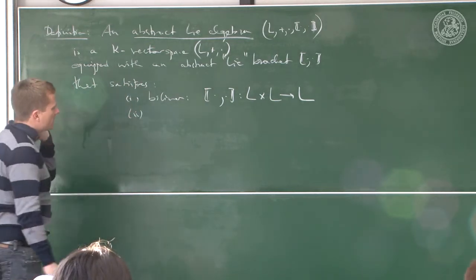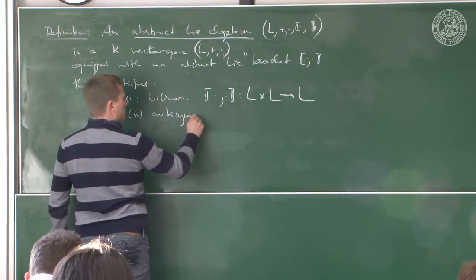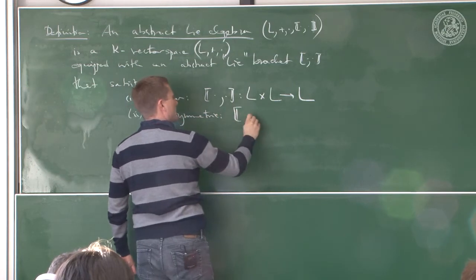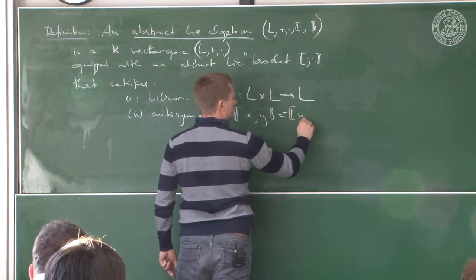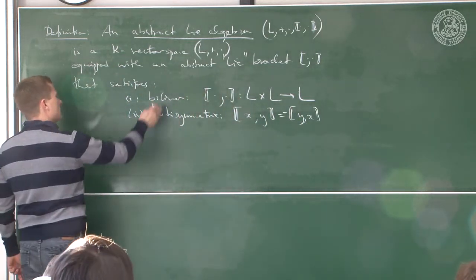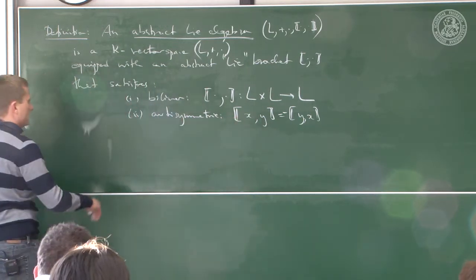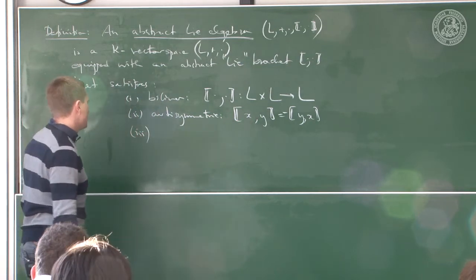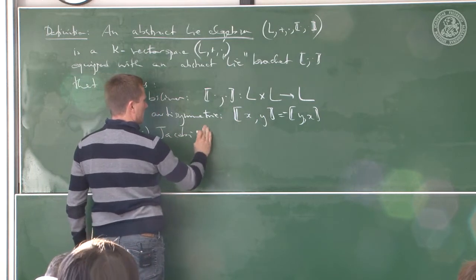And second, it's anti-symmetric. Anti-symmetric means that it takes an x and a y, and that's the same as minus y comma x, so it picks up a minus sign. Because of bilinearity, it would suffice to require that the bracket of x with x is 0. And the third property is that it satisfies the so-called Jacobi identity.